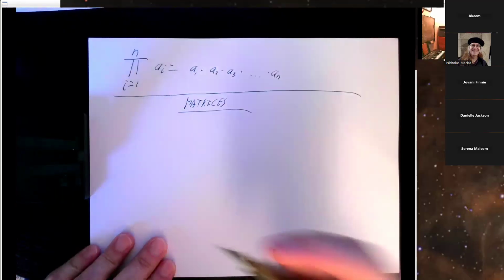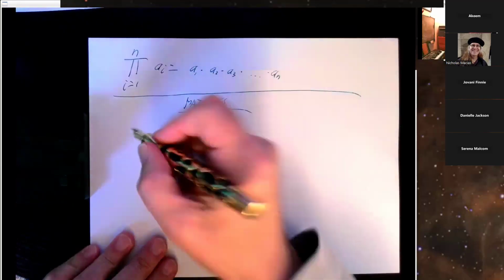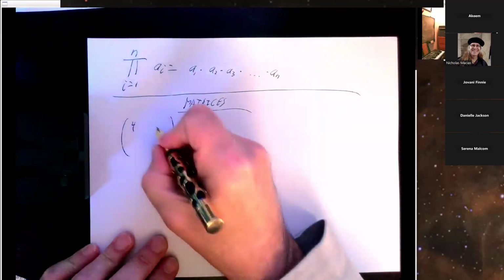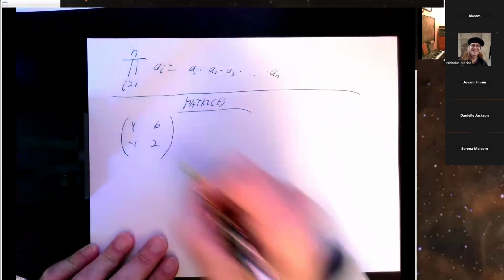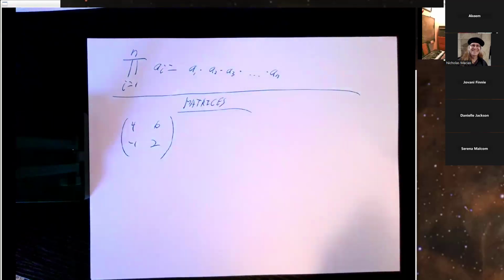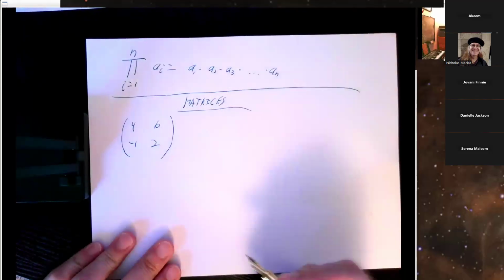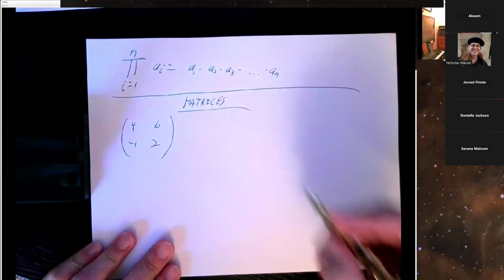So what is a matrix? Roughly speaking, it's big parentheses with some numbers inside. Okay, that's the worst definition ever given for a matrix, but that's what we can think of it as: parentheses with some numbers inside. This would be a 2 by 2 matrix, 2 rows, 2 columns.